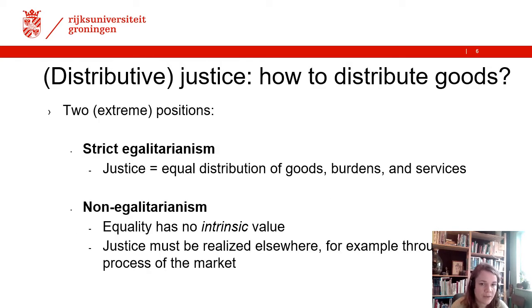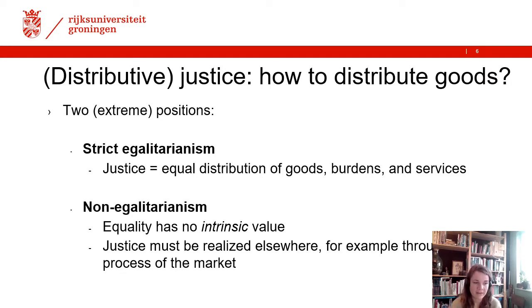So if we think about the distribution of goods in society, there are two extreme positions. Of course, there is a whole range of different answers, but we're going to look at two extreme positions that you can use to get an idea of how perspectives on distribution differ from each other. One perspective is strict egalitarianism, and we also call that egalitarianism.